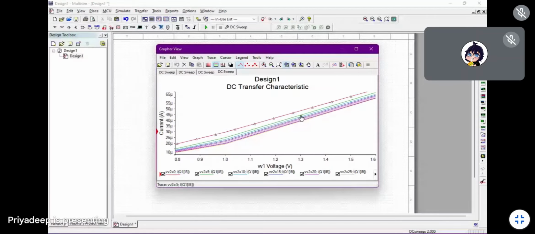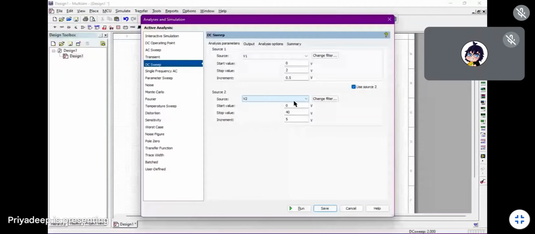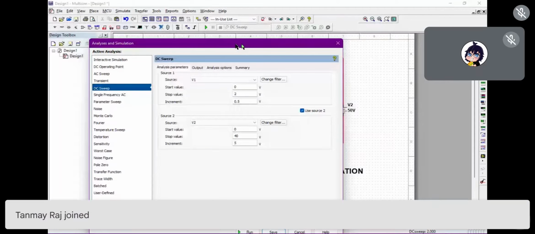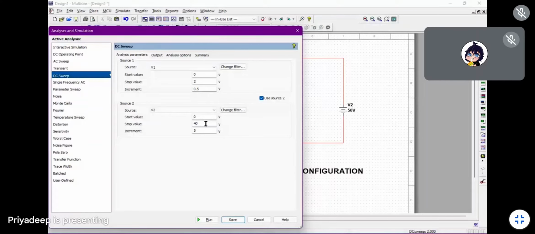What iterations have you taken? Ma'am, for V2 I have taken start as 0, stop as 40. V2 is your input or output voltage? Output voltage, ma'am. So you can make the increment 10 so that it will be clearly visible. You must get 5 characteristics.